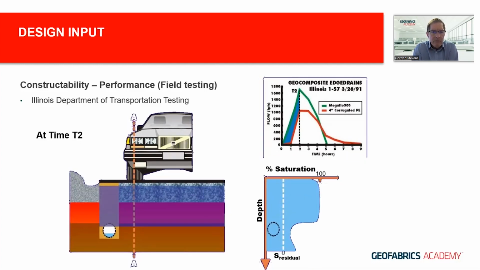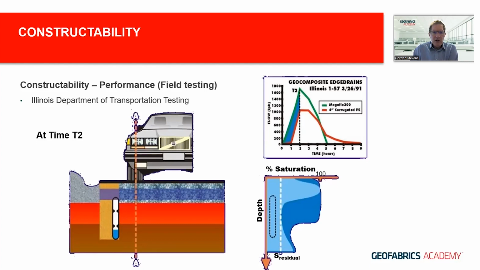At T2, 2 hours, we can see that level of saturation is extended down through the pavement layers and even getting down to the subgrade, which is a serious concern when your subgrade starts getting saturated, and most of you as pavement engineers would understand soaked CBR is quite different to a dry CBR for a pavement, and that has quite an influence on the overall performance of your pavement.